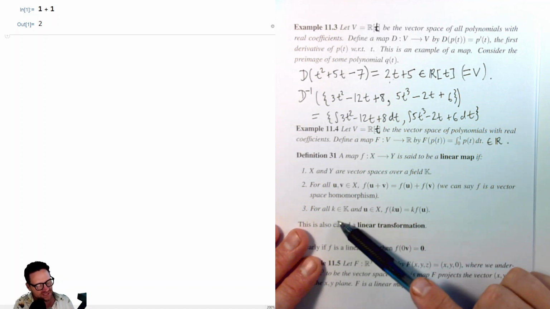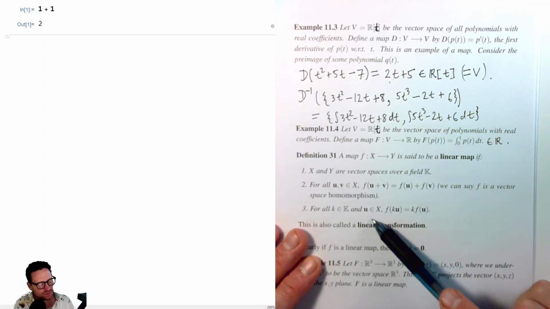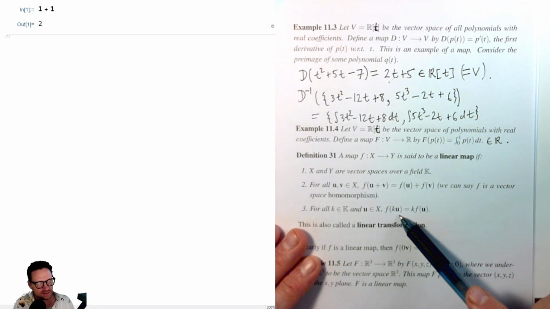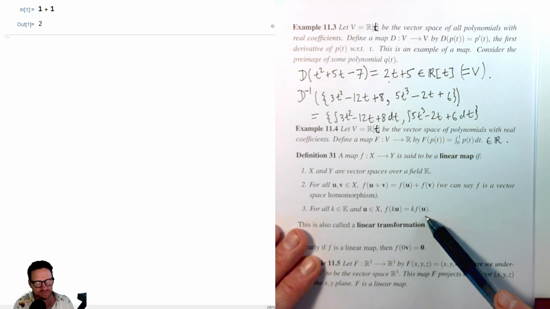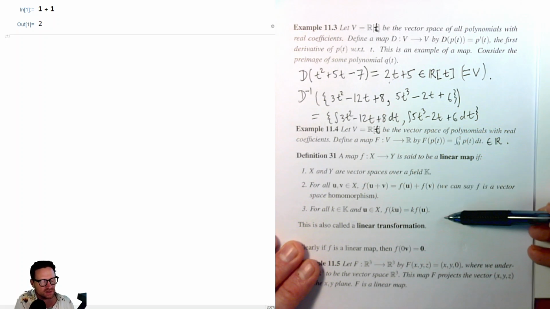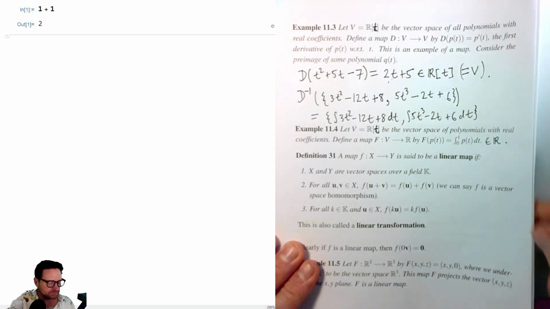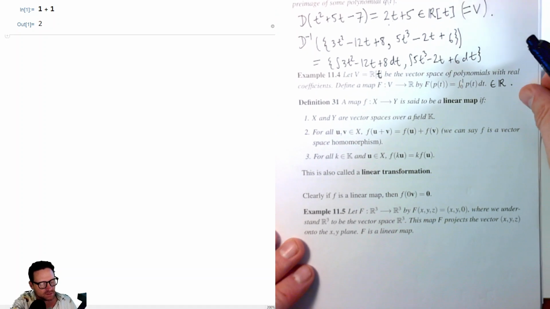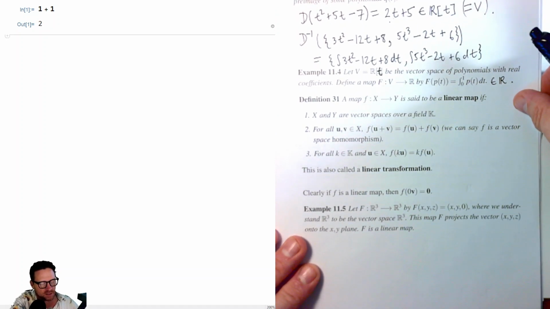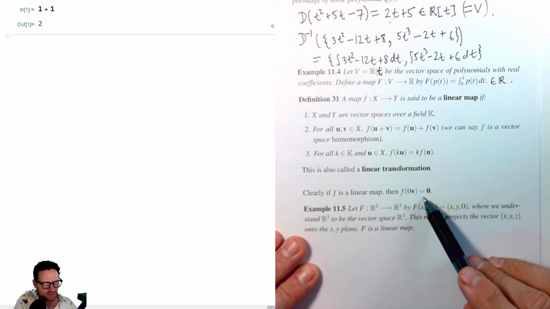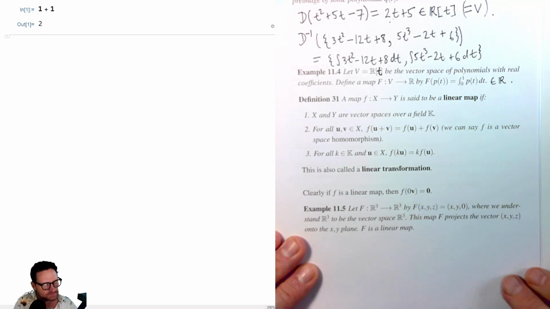For all scalars k and vectors u in X, f of k times u is k times f of u. So if these properties hold, then you have a linear map. It's also called a linear transformation. So clearly, if f is a linear map, then f of 0 times v is equal to the 0 vector.